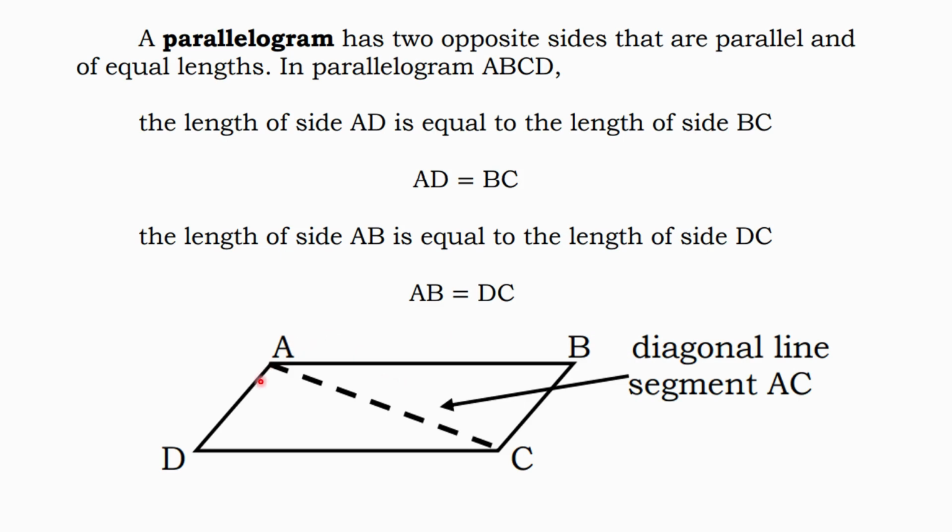Again, side AD is equal to the length of side BC. Also, the length of side AB is equal to the length of side CD. We write side AB equals side CD. This is known as diagonal line segment AC.